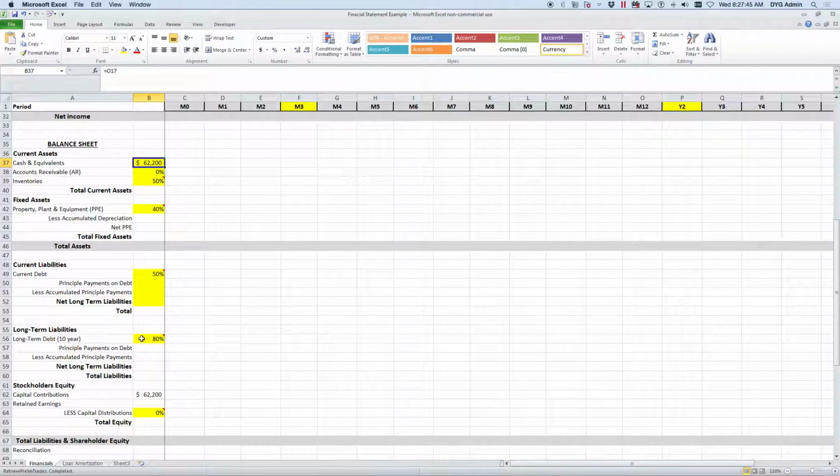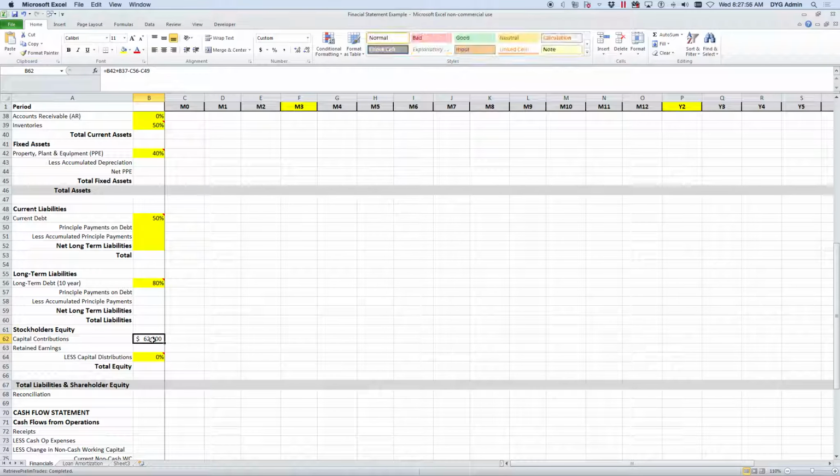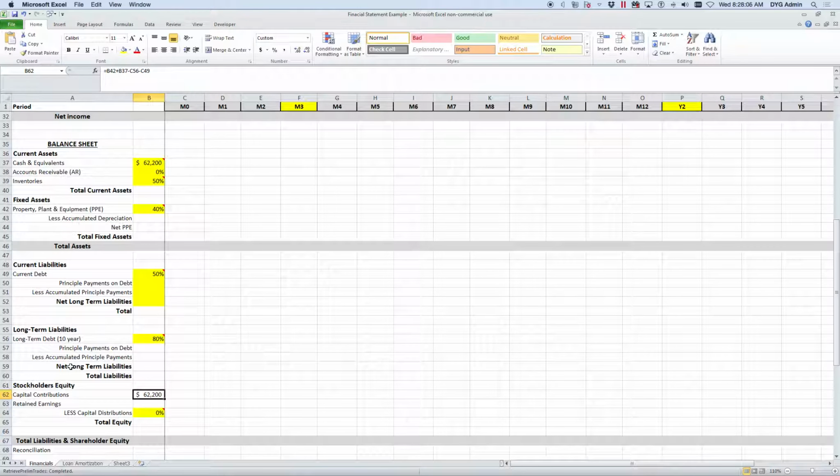Long-term debt, taking out a 10-year note that will be equal to 80% of whatever the fixed assets are. And then stockholders' equity. Right now I have a formula in here that says that my stockholders' equity will be, let's call it B42 plus 37.